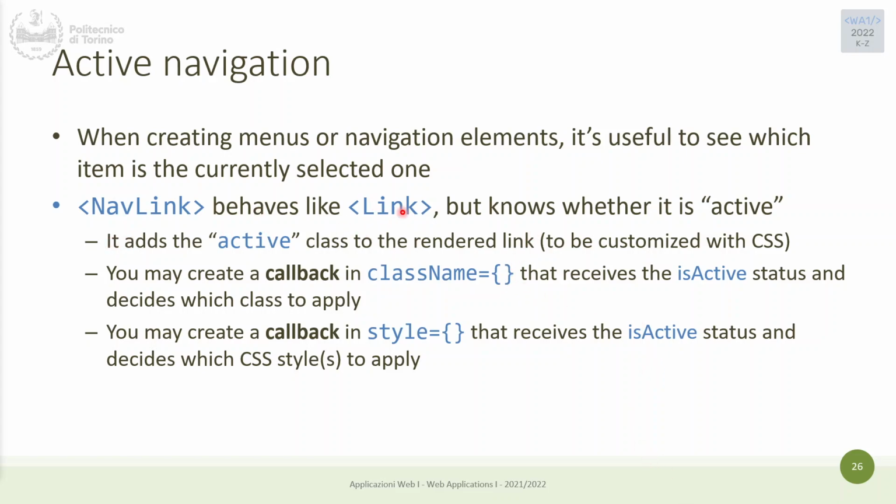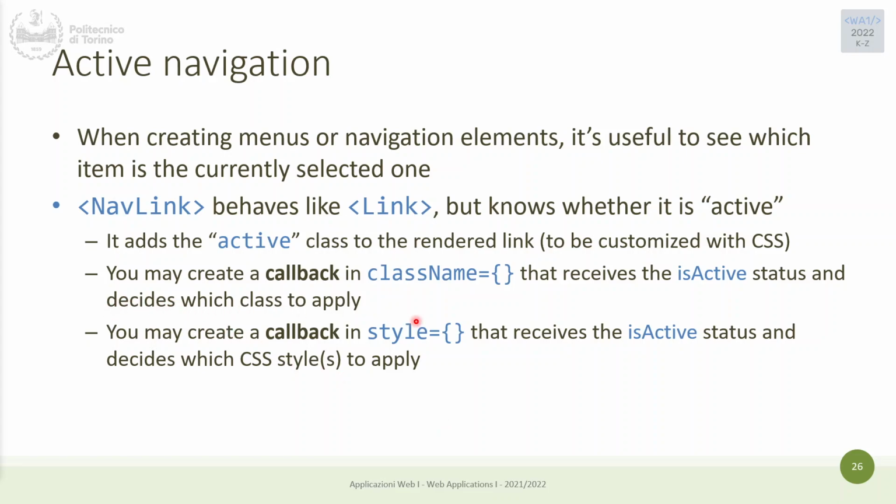This NavLink simply knows if it is active or not, because inside this component we add a class which is called active, and this class could be addressed and customized with CSS. So you can approach this component in two different ways.